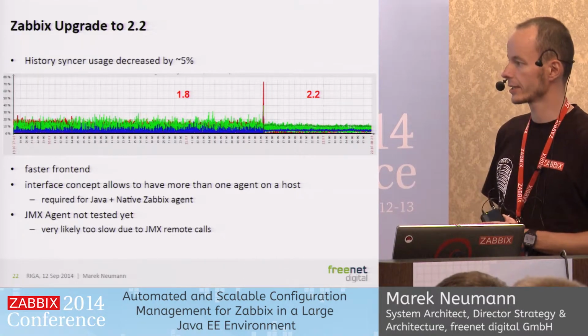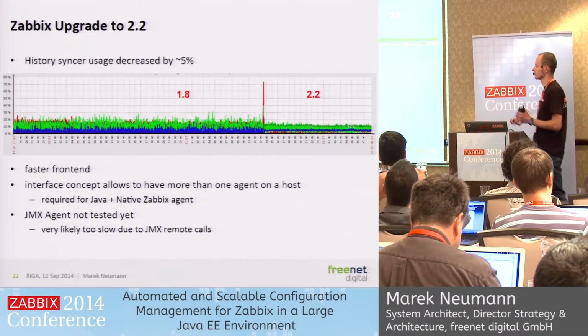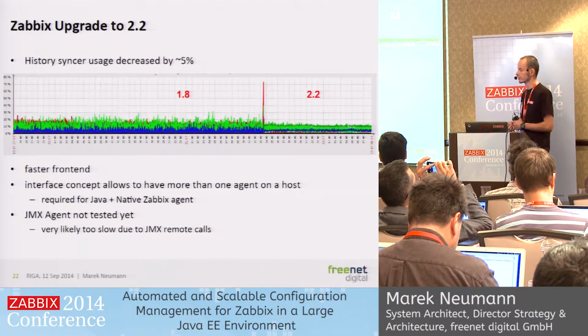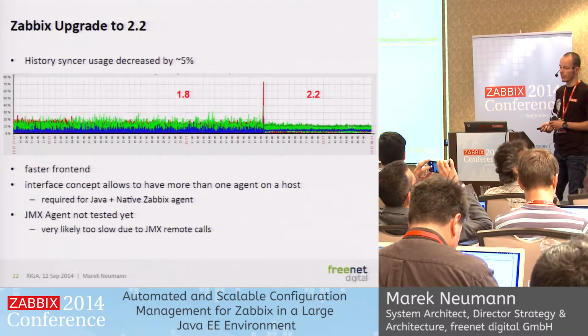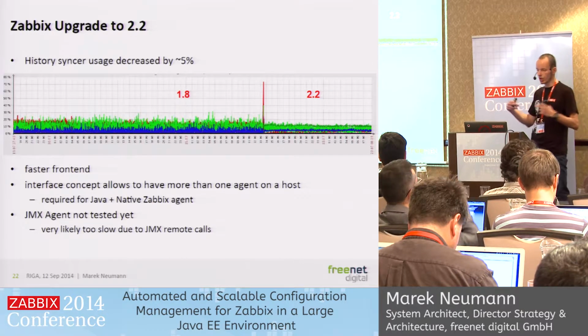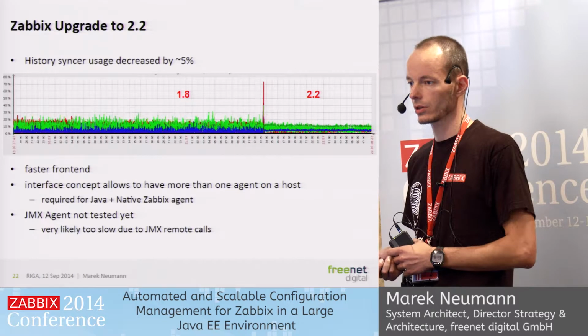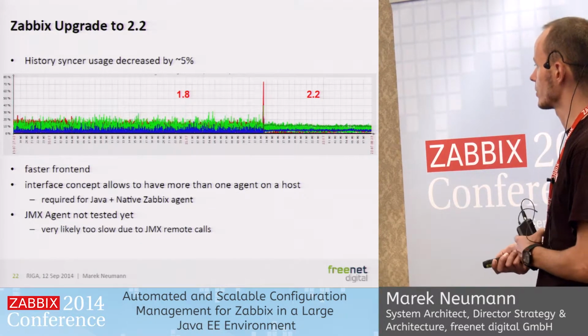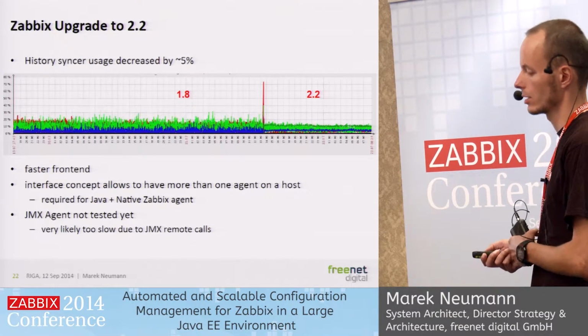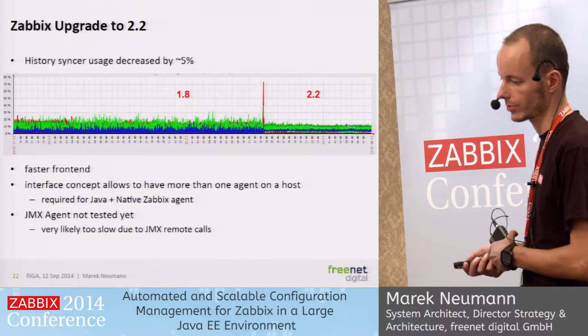What we did not test yet is a new, let's say, JMX interface. So we are very happy with our current design. We are using a Java agent in every application server, which is deployed everywhere. And until now, there was no need to use the JMX agent provided by Zabbix.